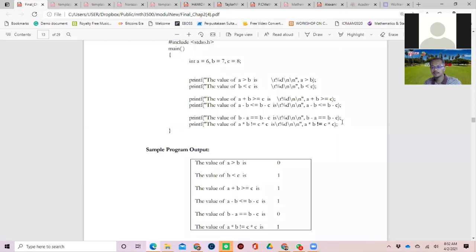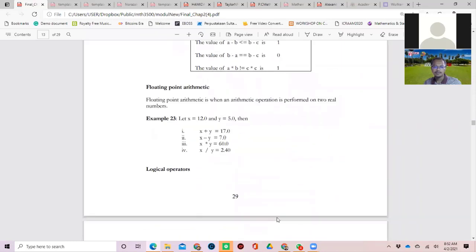Okay, so you try, put in the values. Say I take the one below, A times B, 6 times 7 is 42, and then C times C, 8 times 8 is 64. 64 not equal to 42, yes, it is 1. Okay, like that. Okay, finish. Now I think this one is straightforward.